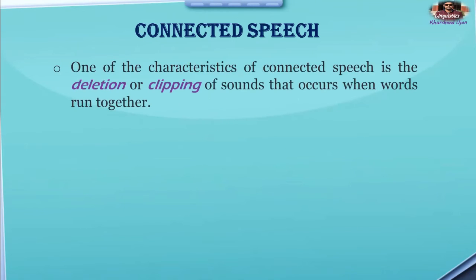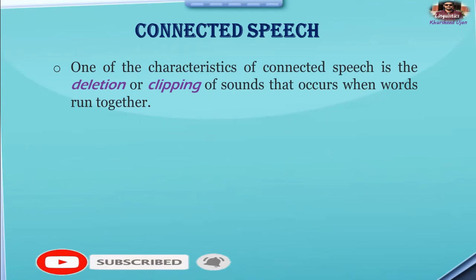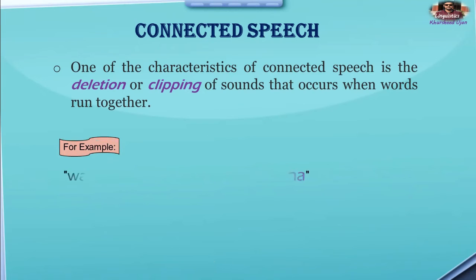One of the characteristics of connected speech is deletion or clipping of sounds that occurs when words run together. What is that clipping or deletion? We use "want to" as individual words, but sometimes we say "wanna." So this is one of the ways connected speech is made.